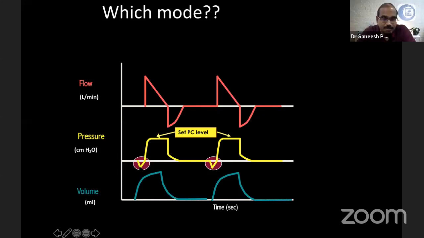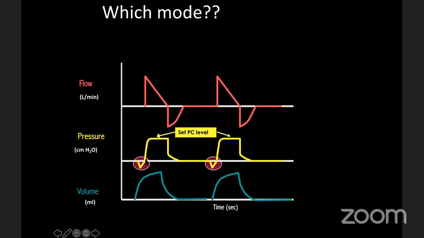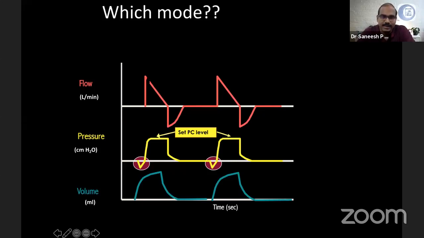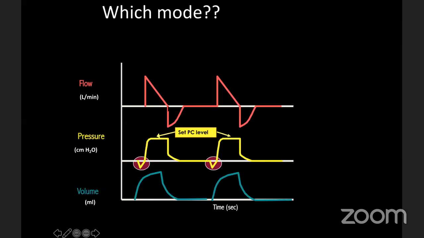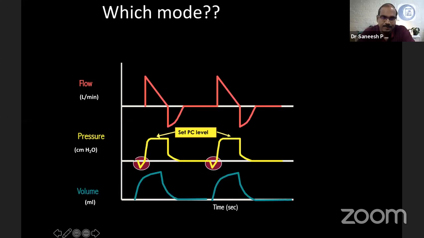Whenever a controlled mode is a decelerated one, it's a pressure control. Yeah, this is pressure control. Okay. Because the flow is decelerating and it's touching the baseline, this looks like a pressure control flow trace.